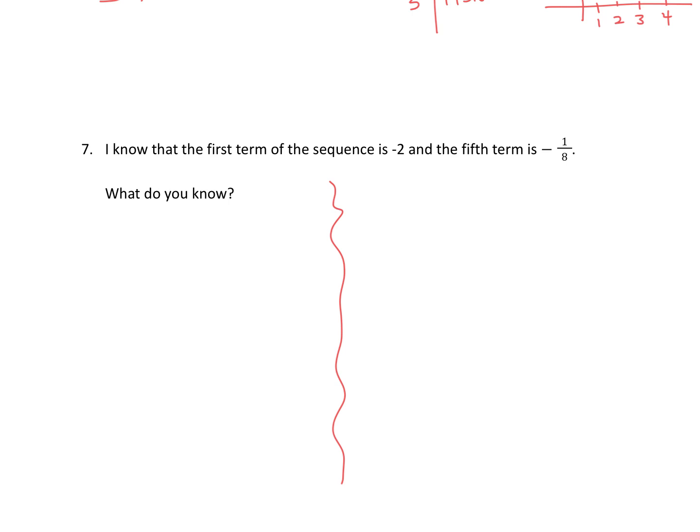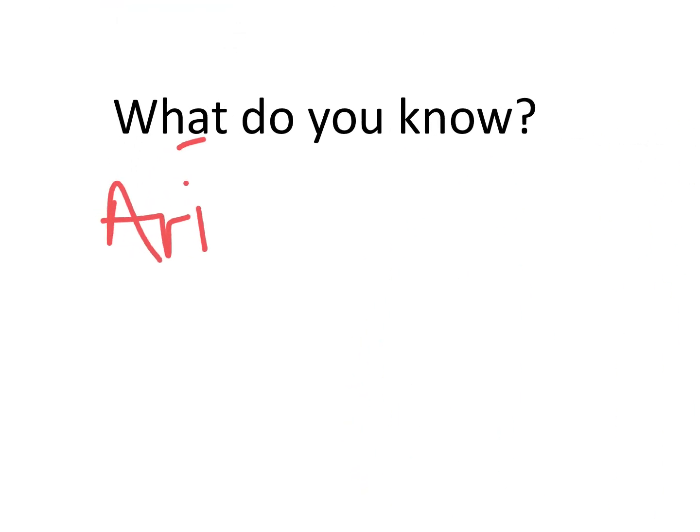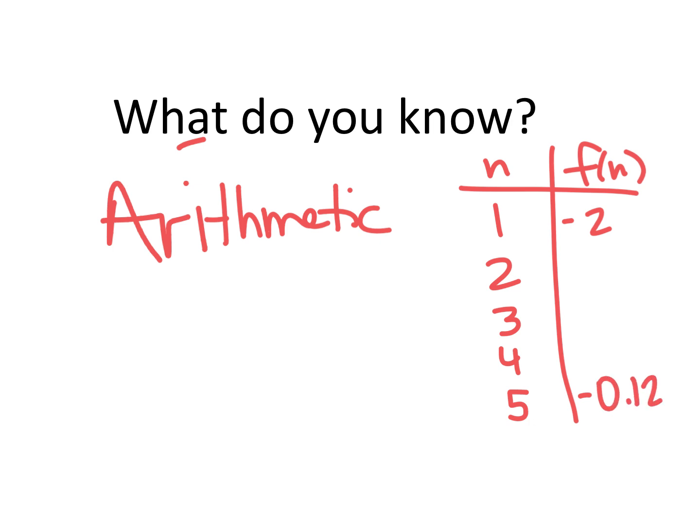So let's try arithmetic first. We know the first term is -2, so let's go ahead and build that in. N, f of n. First term, -2. Second, we don't know. Third, we don't know. Fourth, we don't know. But we know the fifth is -1/8, which is also -0.125.